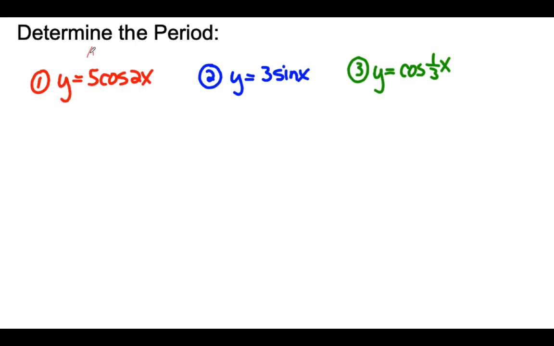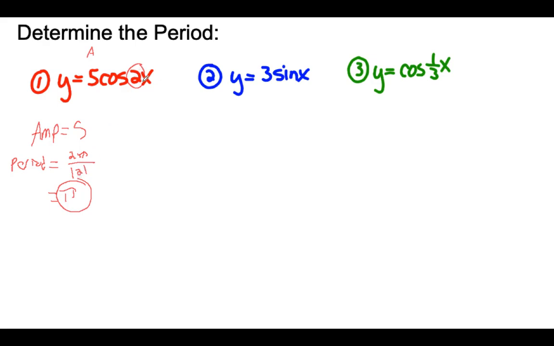This would be our A. So our amplitude would be 5. And then this number right here, we're going to use to find our period. The period equals 2 pi divided by the absolute value of b, which is 2, which equals 2 pi over 2, which equals just pi. So the period of that is pi.